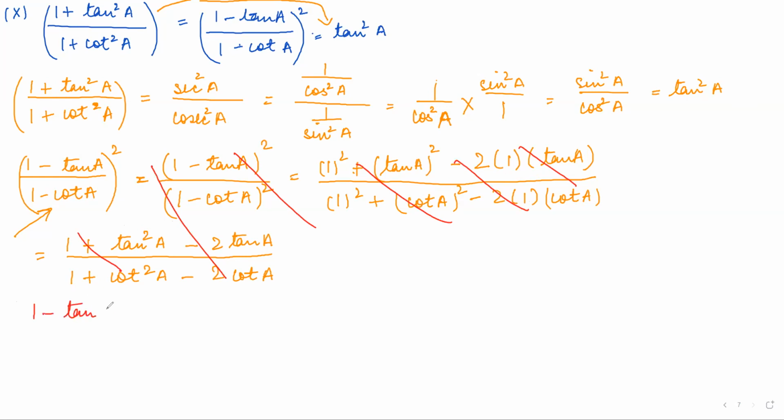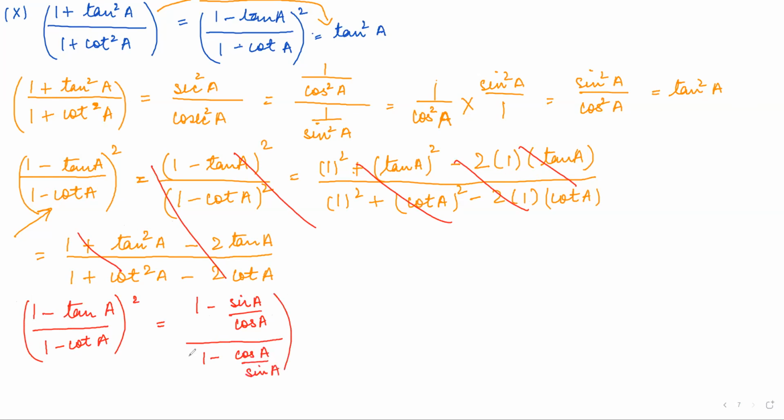So 1 minus tan of a and then divided by 1 minus cot of a whole square, right? Okay, so 1 minus, now tan of a can be written as sine a by cos a, and then divided by 1 minus cos a by sine a.